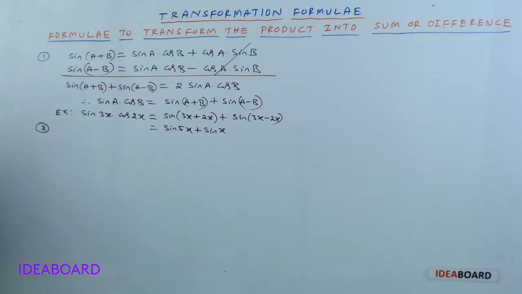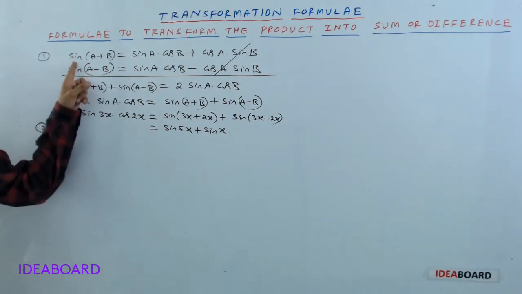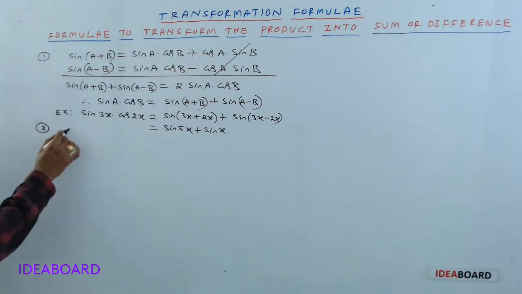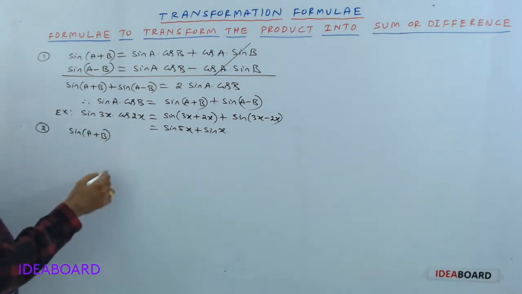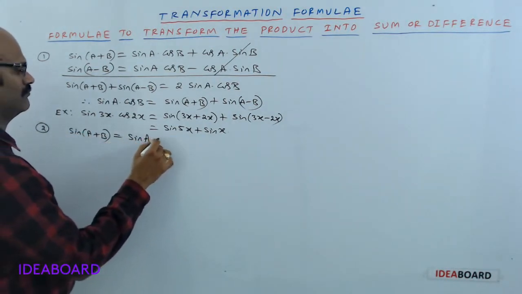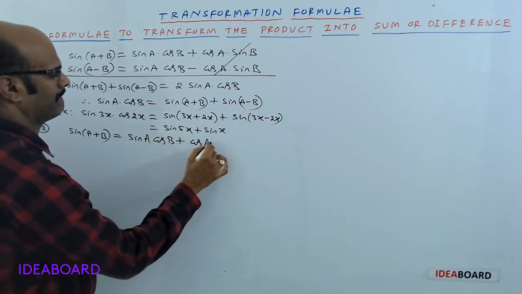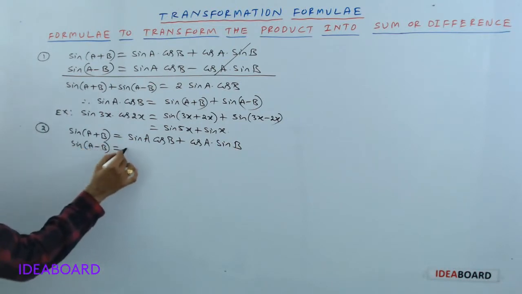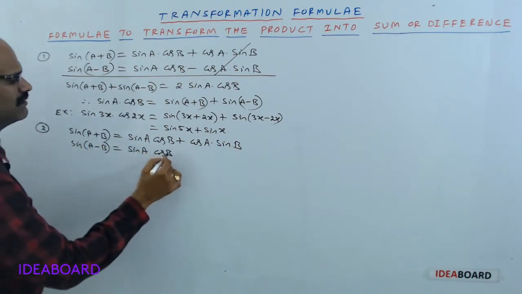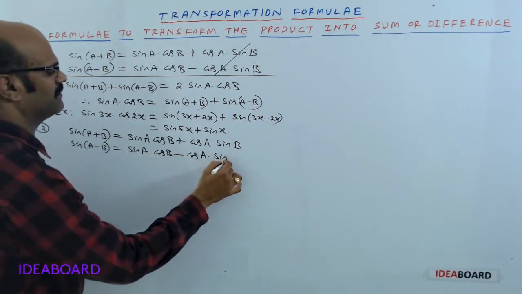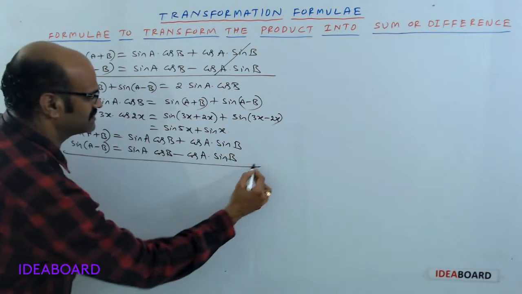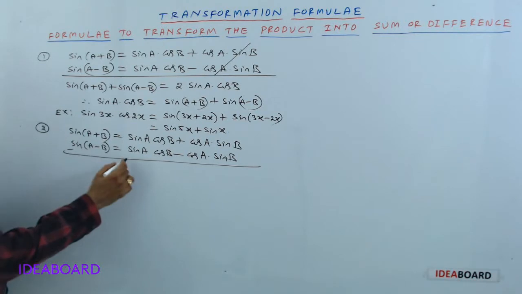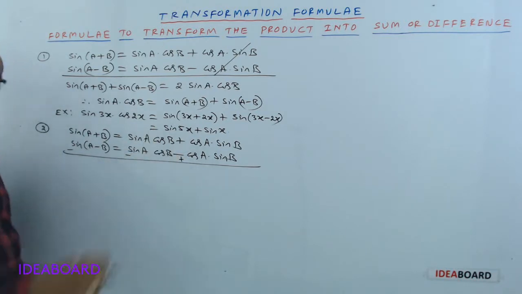Second one, we have sin of A plus B equal to sin A cos B plus cos A sin B. And we have sin of A minus B equal to sin A cos B minus cos A sin B. Then take the difference, minus becomes plus.